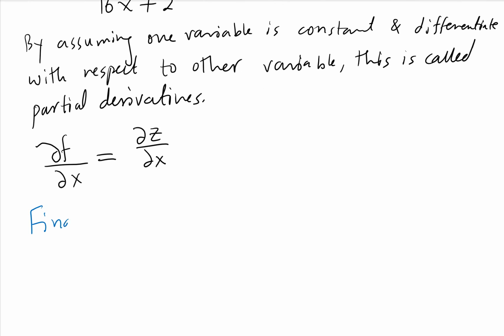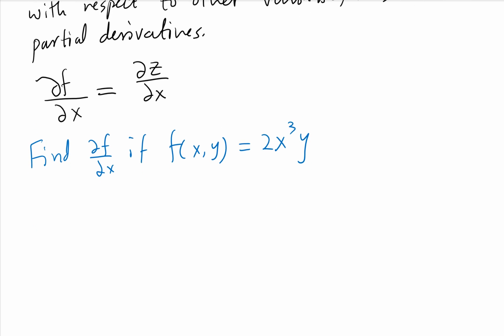Find partial f with respect to x if f of x y is 2x cubed y. And then after we do that, we're going to find partial f with respect to y. Same thing, same function.